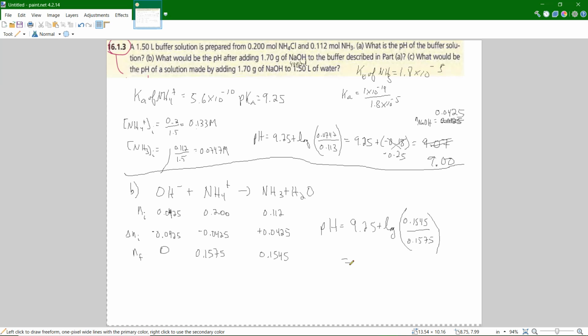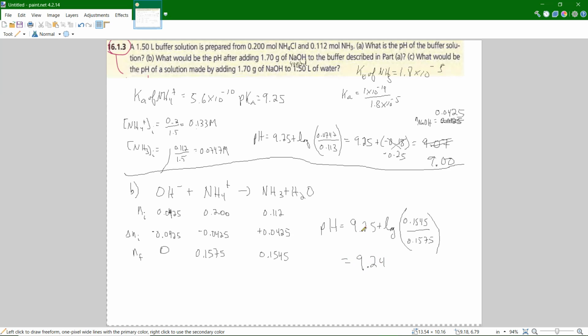Really? That it just goes down by that small amount? Let's see, 16.1.3. Yep, 9.24. So you see how important it was to deal with that. And it goes down by a small amount from pKa.